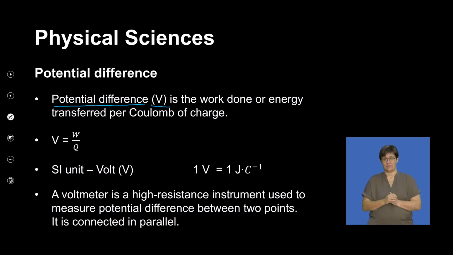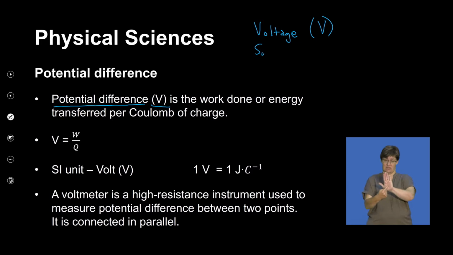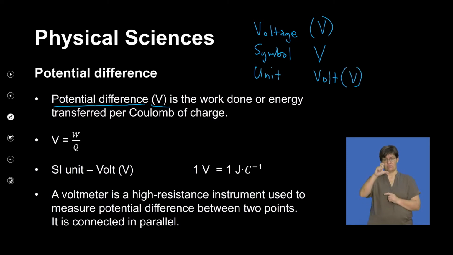At the same time, V is also the shortened version of the unit, the volt. So voltage is the quantity, the symbol is V, and the unit is the volt, which is also an uppercase V.